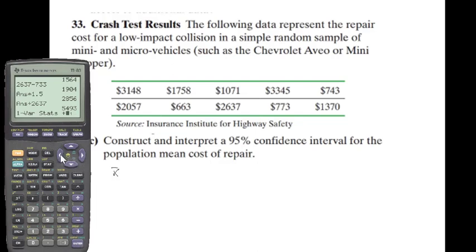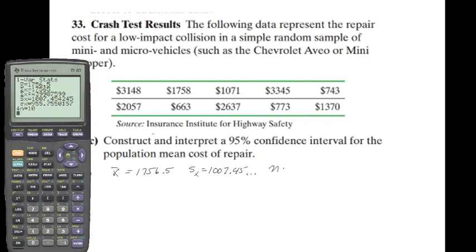Okay, so the average is 1756.5, and Sx is 1007.45 and some change.